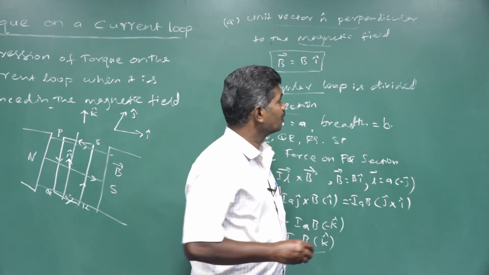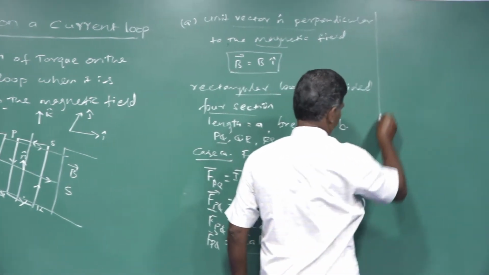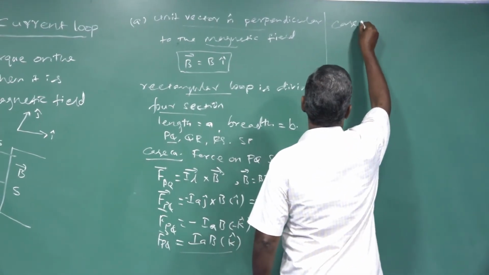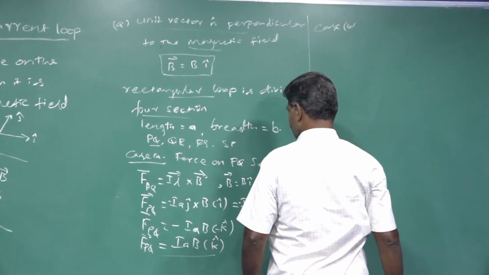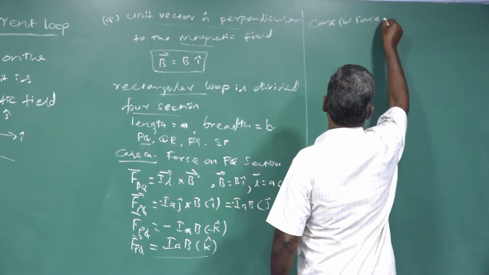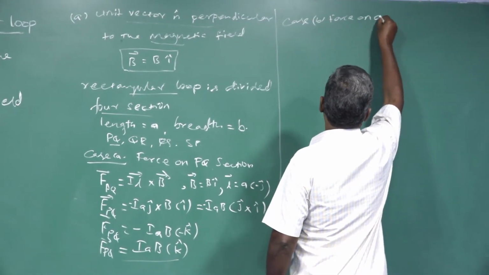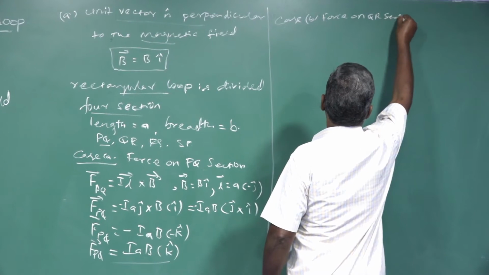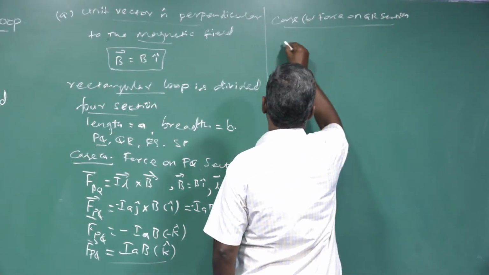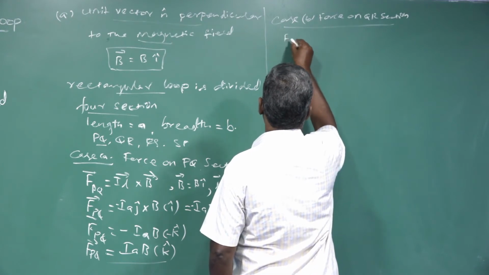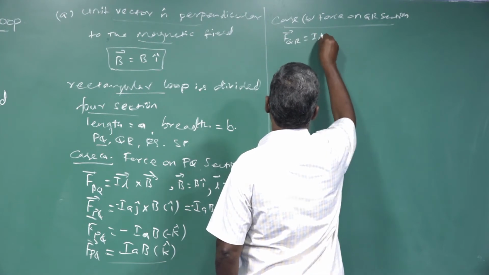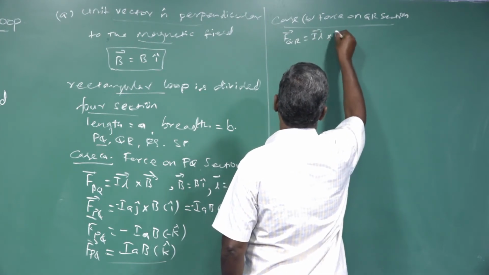Then the second section, case B: force on the QR section. F QR vector equals I L vector cross B vector.